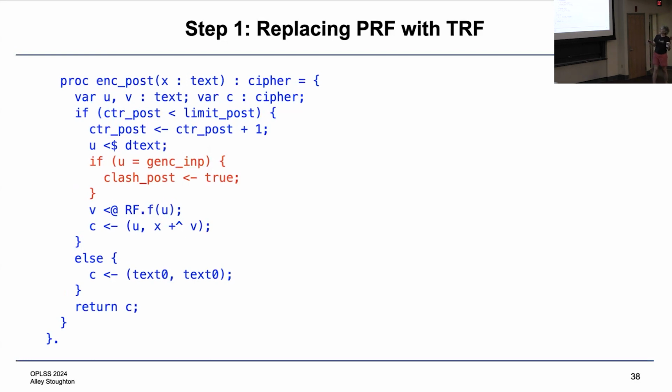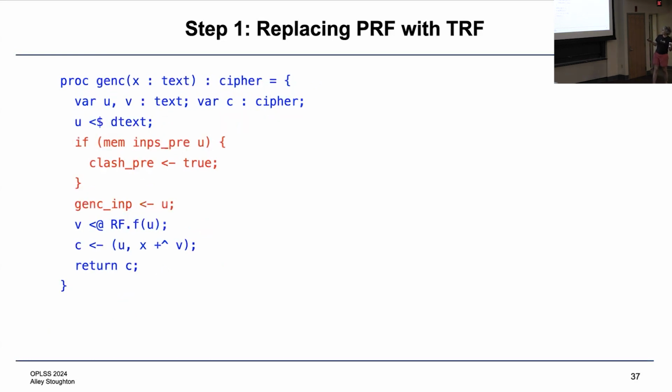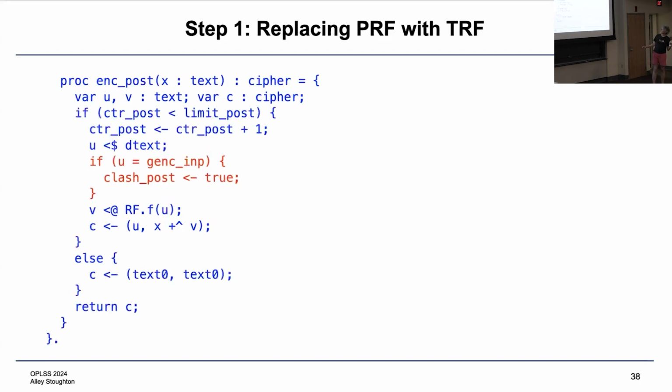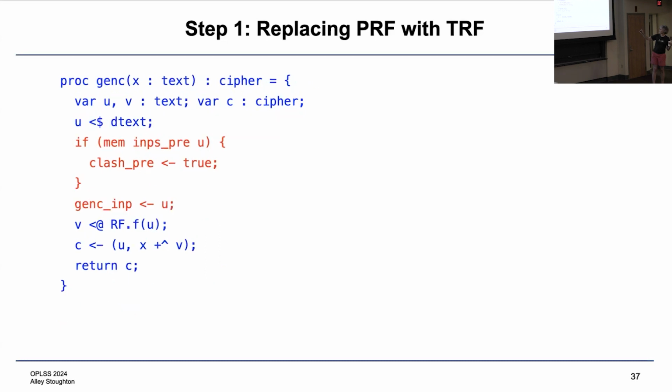So just to say it one more time, if the U that the game is using for encryption happens to be one of the ones that came up in the calls to enc pre, then we say, oh, something bad happened, but we don't do anything different yet. And similarly here, if the U that's used in enc post at one of its calls conflicts with the one that was used for the official encryption, we mark that there was a problem.